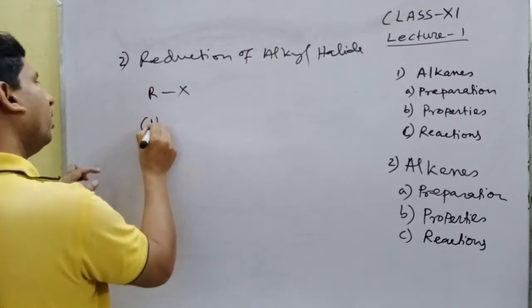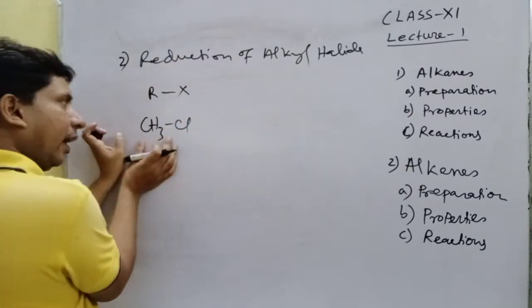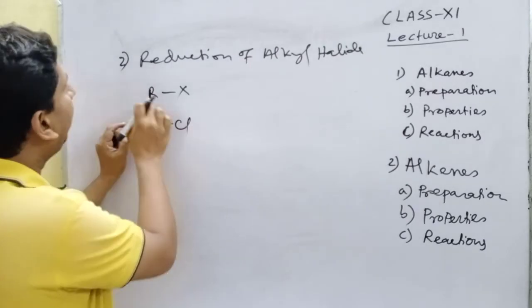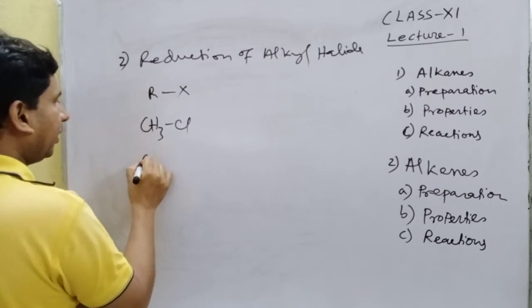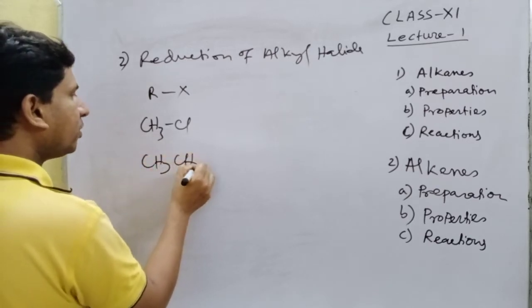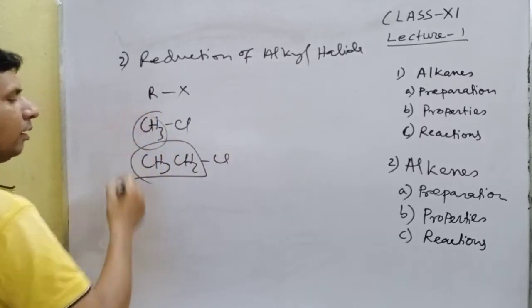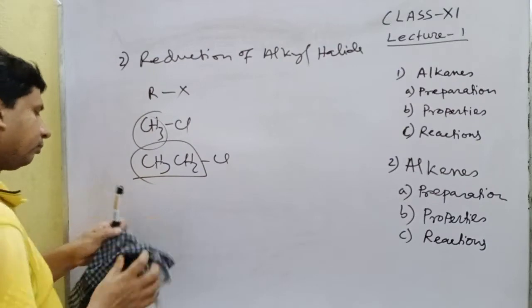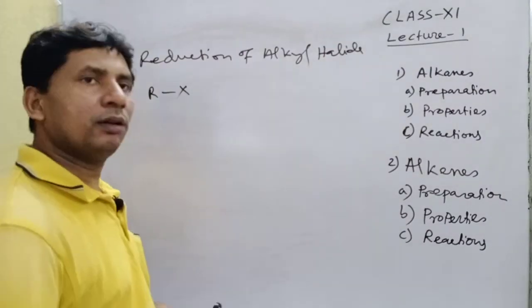It may be CH3Cl, no problem. Alkyl group and halogen make an alkyl halide. The value of R may be CH3CH2, with Cl, no problem. R may be changed. This is the alkyl group. So this is the general reaction.